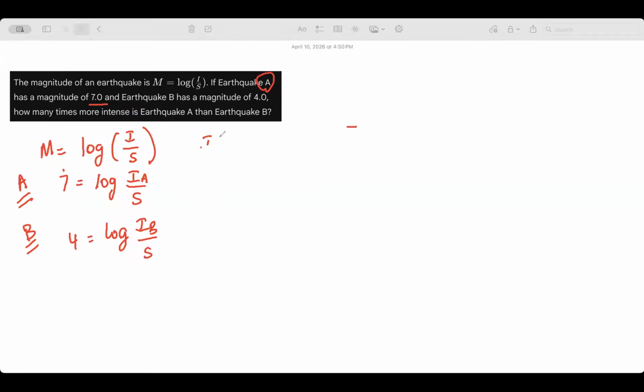So here I is the actual intensity, and S is the reference intensity. The reference intensity will be the same for all.